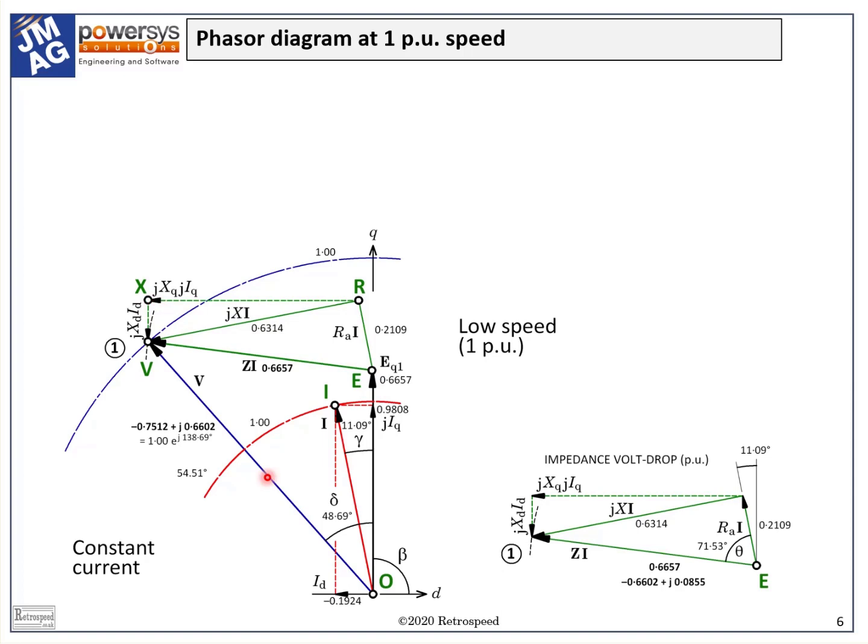And since ID is negative along the D-axis, XV is negative along the Q-axis. The components Rx and Xv are the dq-axis components of the voltage drop in the synchronous reactance. The effect is sometimes called armature reaction.